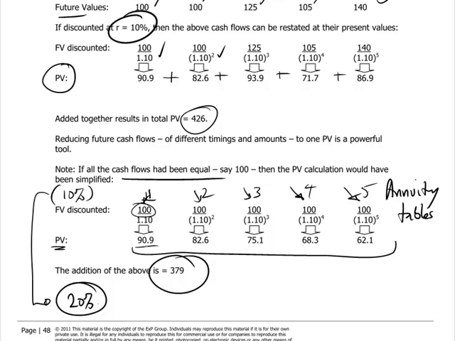In fact, we can calculate that 100 divided by 1.20 is equal to $83.33. It's smaller. And if we would repeat this exercise for each of these years at a 20% discount rate, we would end up with a present value which would be less than 379.